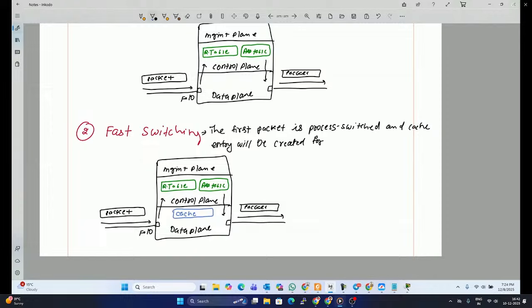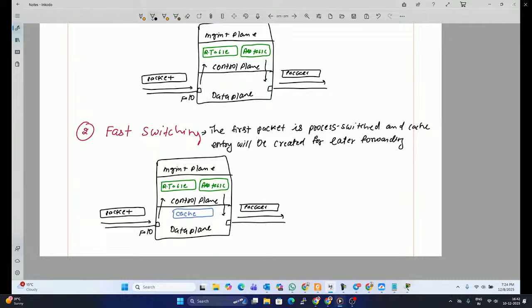created for later forwardings. But the problem is, whenever you are going to receive a new packet, you always have to go through the CPU. Second, this cache is not updated automatically. Let's say if there's any change in the routing table, that change will not reflect in the cache, guys. That's the problem with the fast switching.